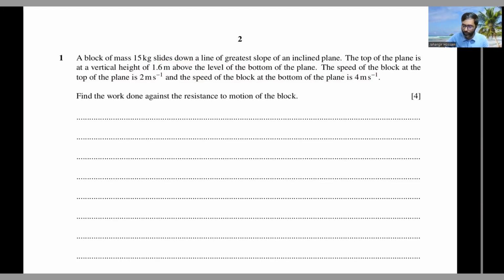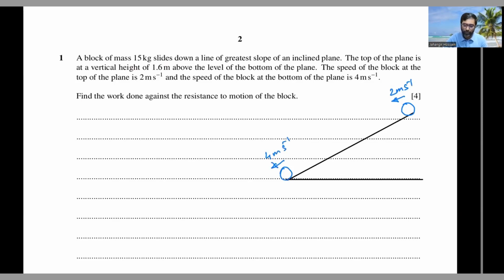So let's draw it on a rough diagram. This is the inclined plane. Initially, the object is at the top of the plane, moving with speed 2 meters per second downward. And at the bottom of the plane, its speed is 4 meters per second.